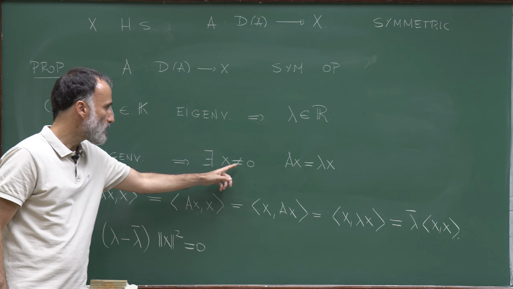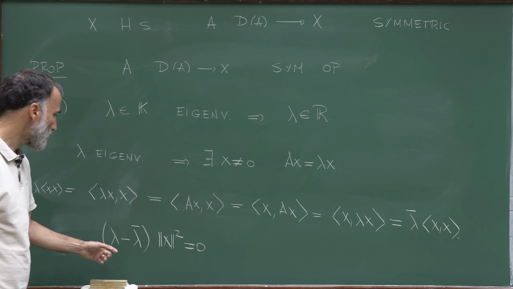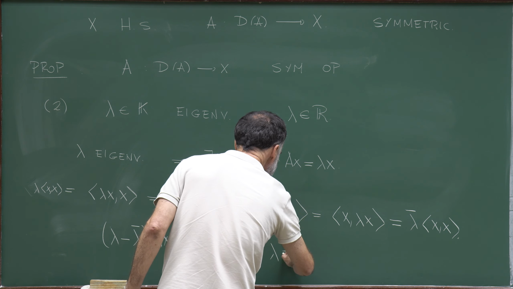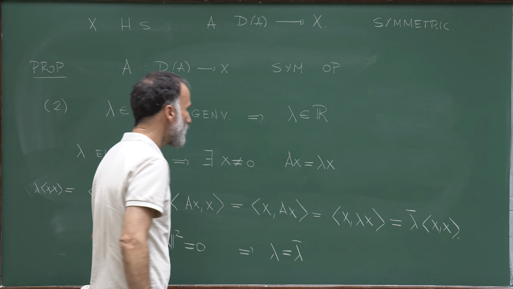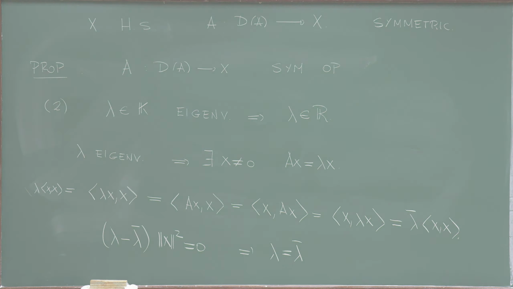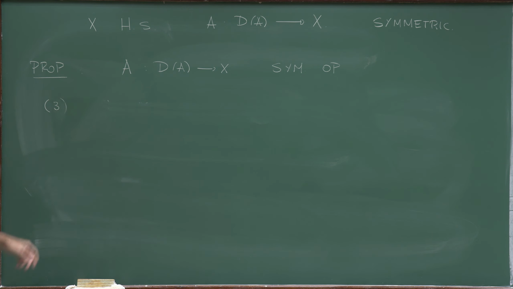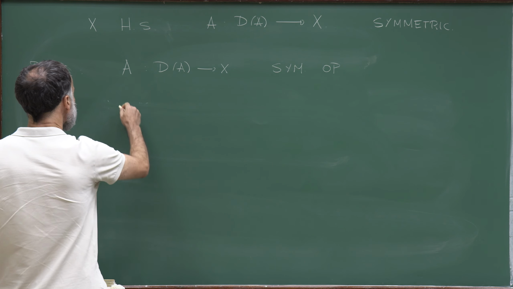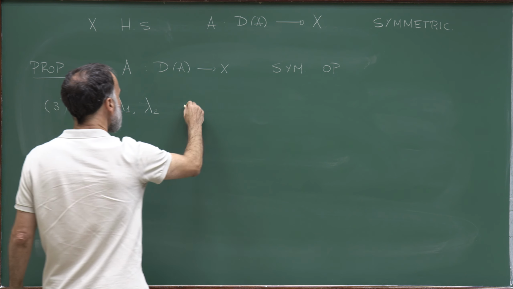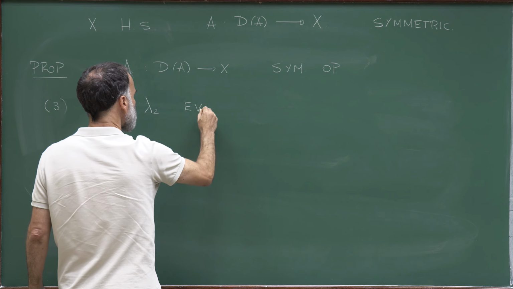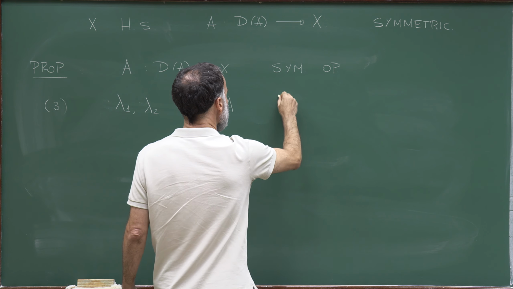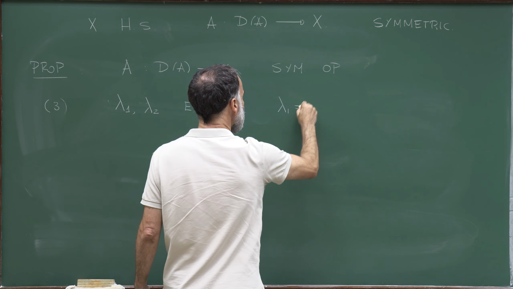And since x is different from 0, we get from this identity that lambda is equal to its complex conjugate, which means that lambda indeed belongs to R. So the third claim of this proposition is as follows. Take two eigenvalues, lambda 1 and lambda 2, eigenvalues of A, and assume that lambda 1 is different from lambda 2.